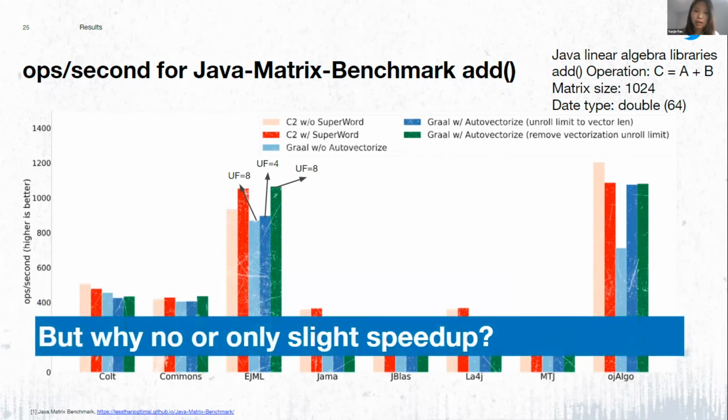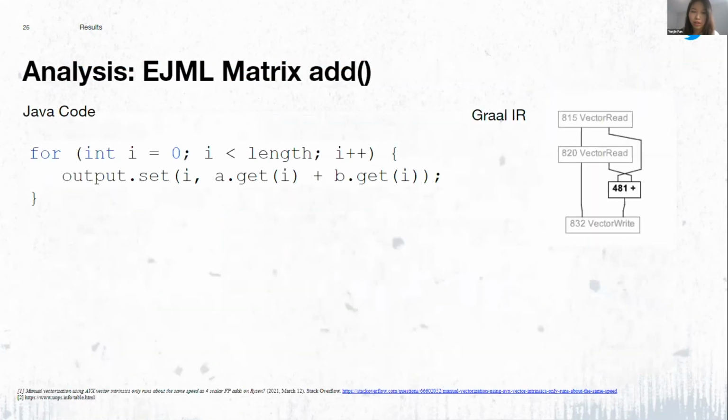But why would we have no or only slight speedup from the autovectorize optimization? So I tried to analyze the reason. The code for the matrix add is very similar to the array add: getting the values of matrix A and B, and the result is stored into a new matrix at index i.